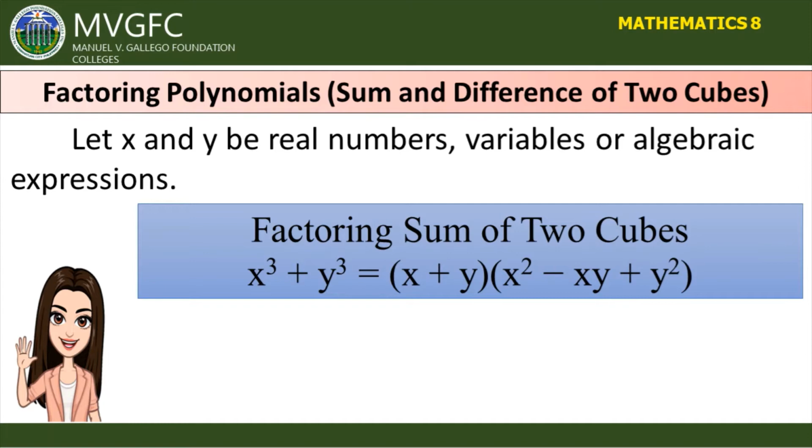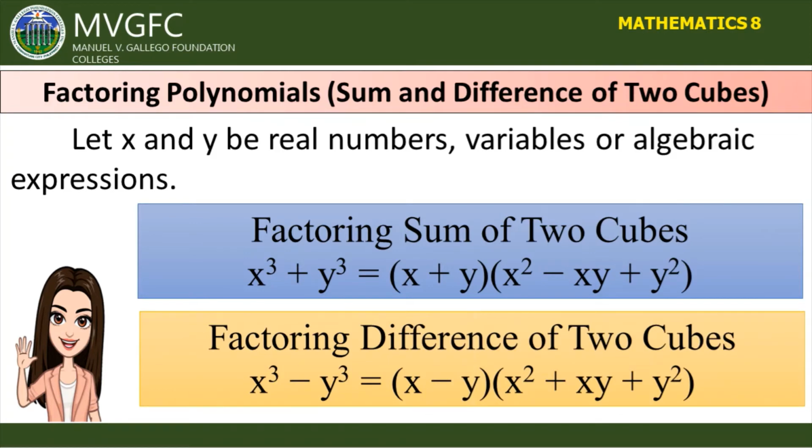For the sum of two cubes, x cubed plus y cubed is equal to a binomial, x plus y, multiplied by a trinomial, x squared minus xy plus y squared. Next is the factoring of the difference of two cubes. x cubed minus y cubed is equal to the quantity x minus y multiplied by the quantity x squared plus xy plus y squared.